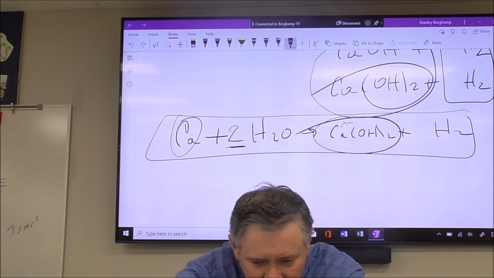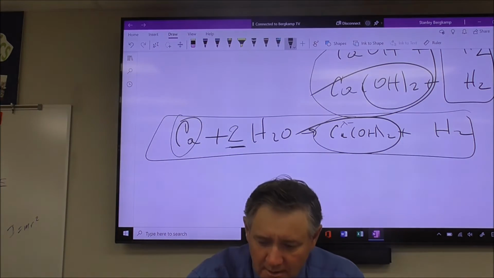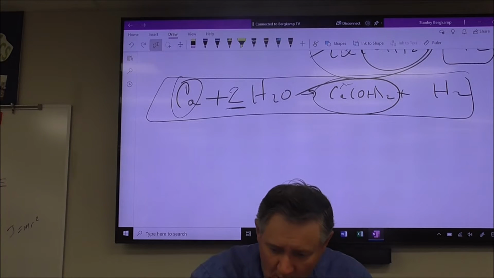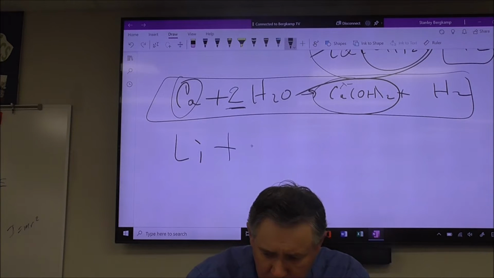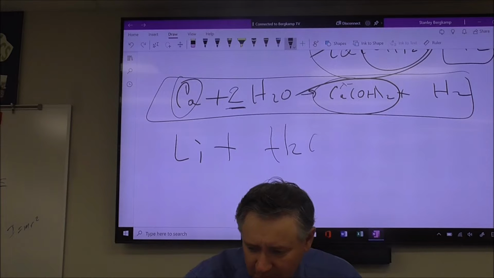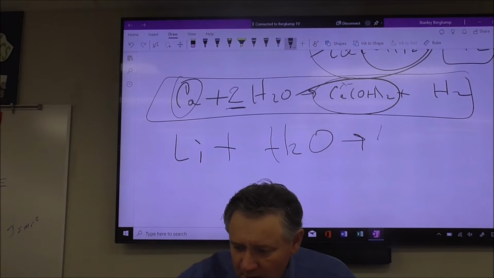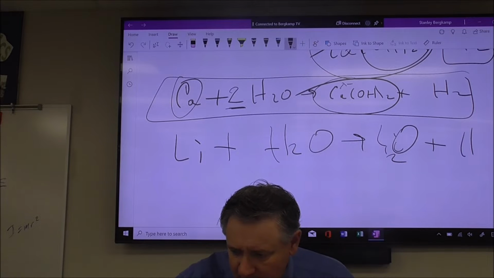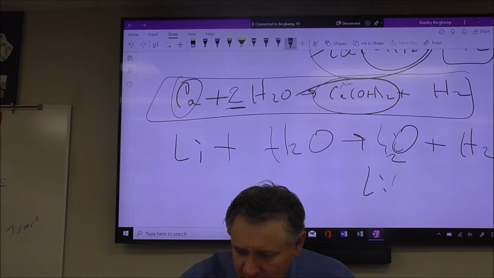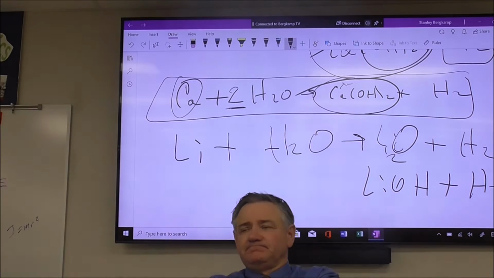So, here's the setup. Lithium and water, right? So we could get lithium oxide and hydrogen gas, or we could get lithium hydroxide and hydrogen gas.